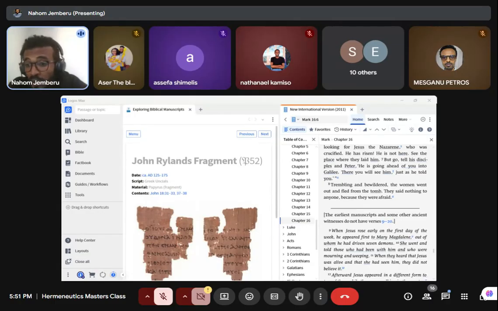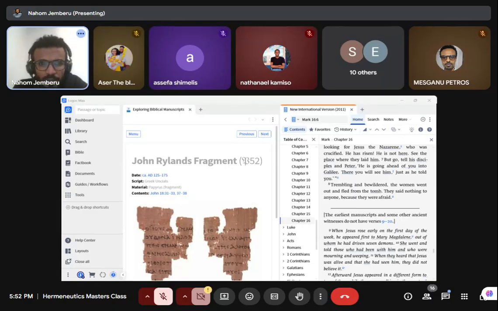So this is what's commonly called textual criticism. This is the first step, and this is the first method included in what's commonly called the historical critical method. And the second one is what we call source criticism.